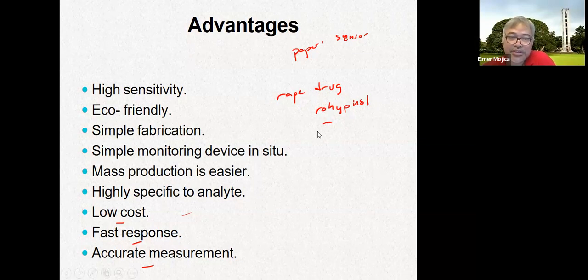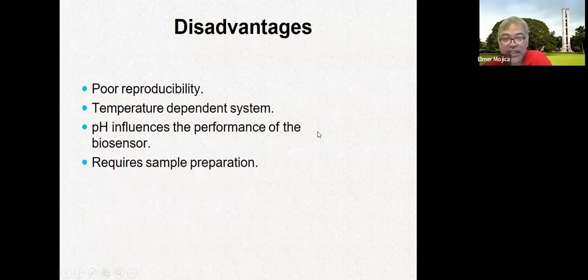Practical purpose. Disadvantage, unless you study it for a long time, usually yung reproducibility nila hindi really maganda. Temperature dependent system, so they are still affected by temperature. So what may work here in the US may not work there in the Philippines. And pH influences can affect the performance, and yung need for sample preparation.